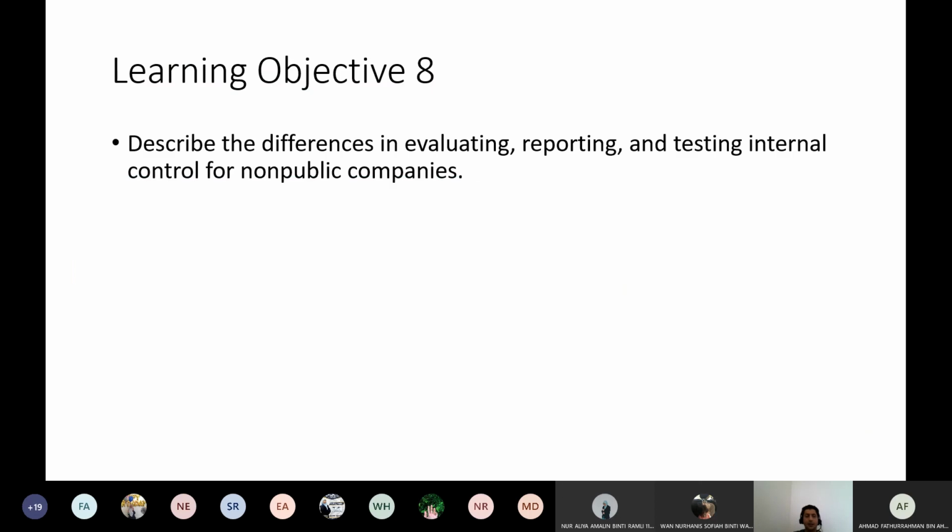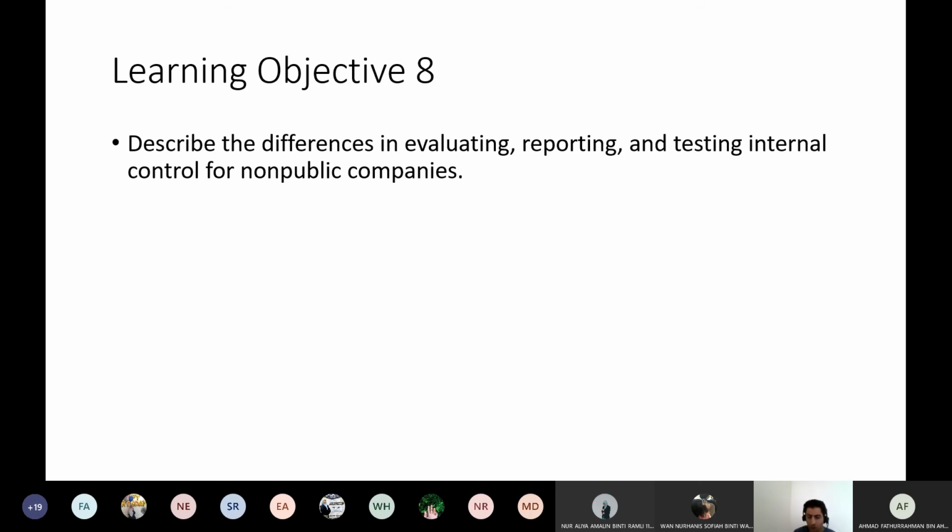Okay. The last learning objective is related to describing the differences in evaluating, reporting, and testing internal control for non-public companies. Whatever we mentioned earlier was about public companies, even though we brought private companies along in our discussion.